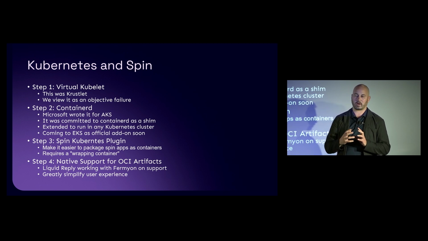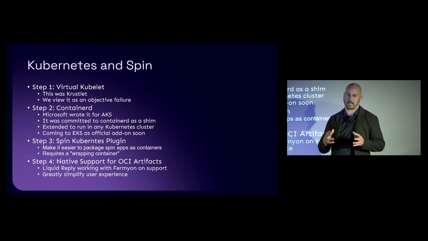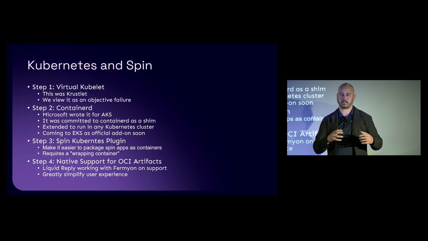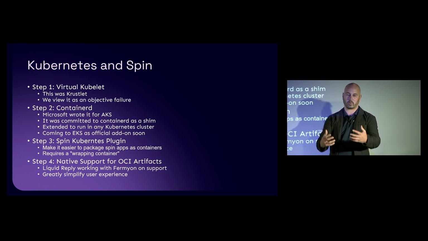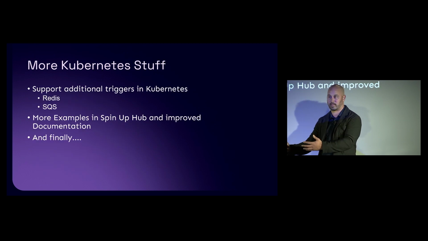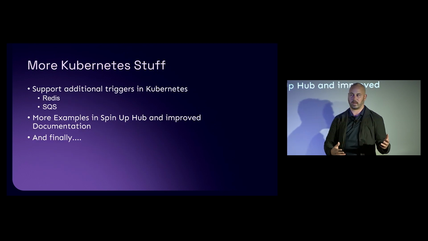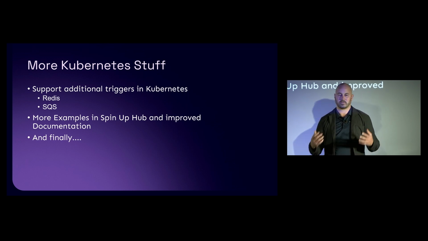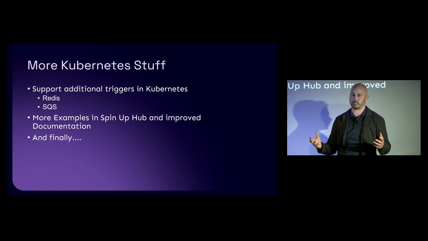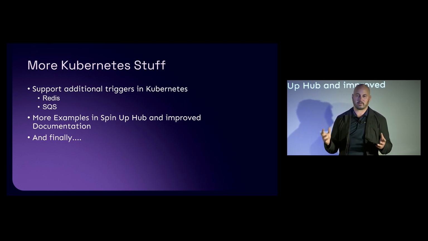One of the things we're working on right now is native support in containerd for OCI artifacts. So the same things that you would be able to store in OCI and then deploy to, say, Fermyon Cloud, you should be able to deploy to any Kubernetes cluster. We also have a bunch of other things we're working on with them. Right now, we only support HTTP, and something like 70% of all serverless functions are essentially HTTP triggered, but not all of them are.